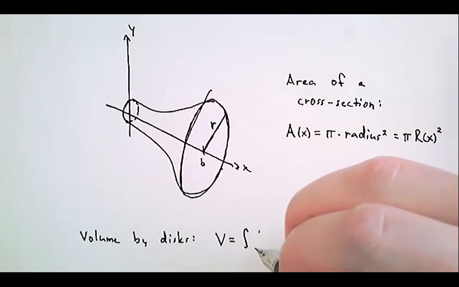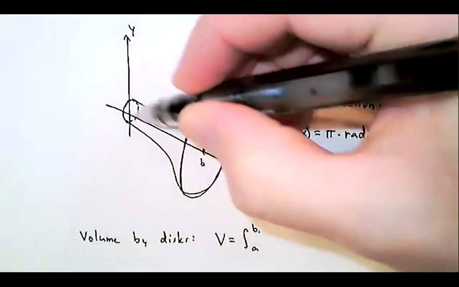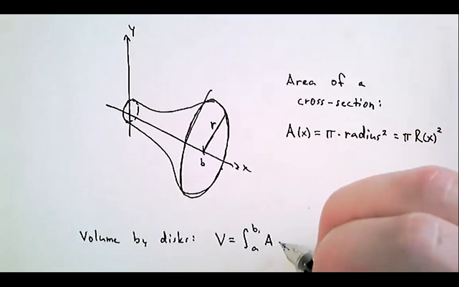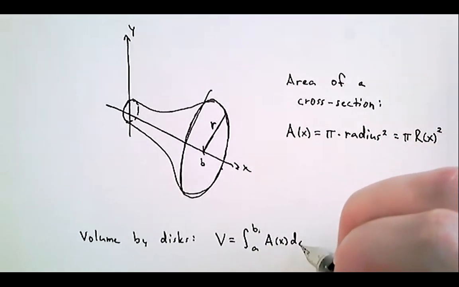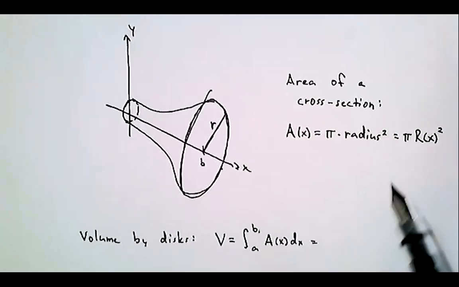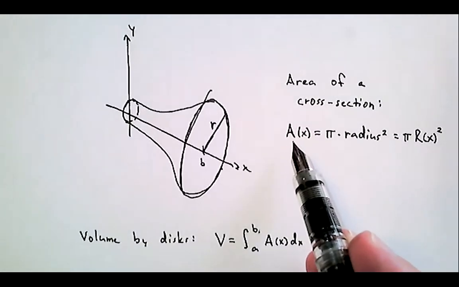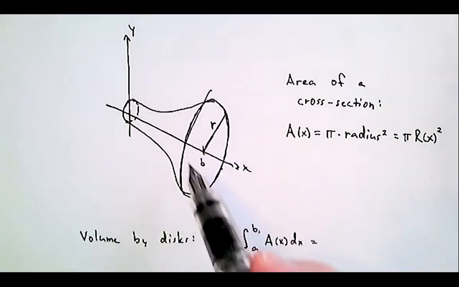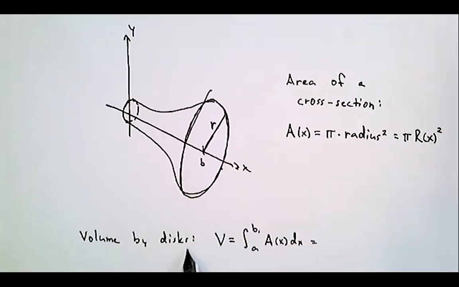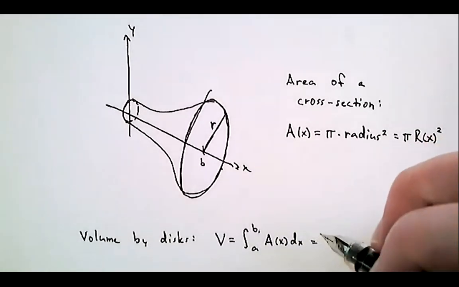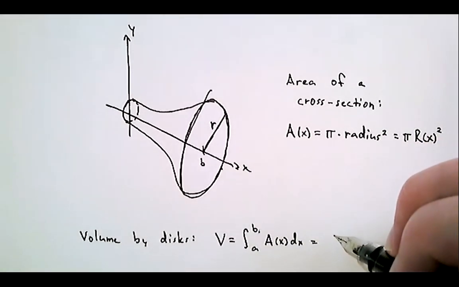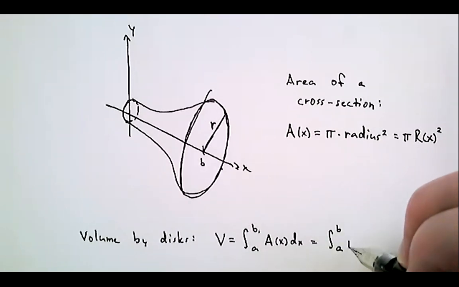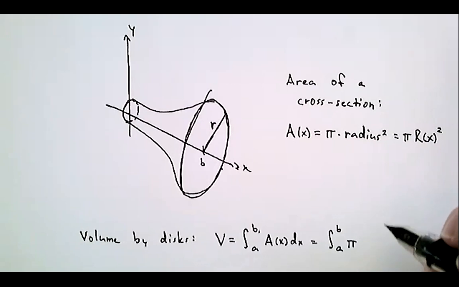So we integrate along the shape from A to B of the area. And then all we have to do is substitute in our particular kind of area, in this case, a circle or a flat disk. That's where this name comes from. So we integrate from A to B, and then pi r squared.